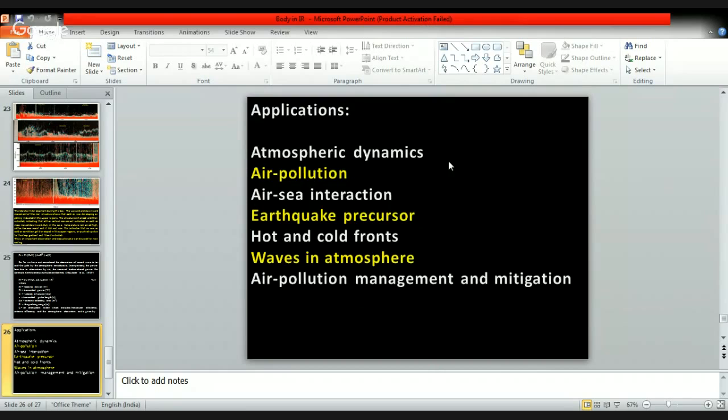So we have applications in atmospheric dynamics, air pollution, air-sea interaction, and earthquake precursors. I have taken an international patent that on the basis of these air photographs, we should be in a position to give a warning, not a forecast. We should be in a position to see a precursor of an earthquake.